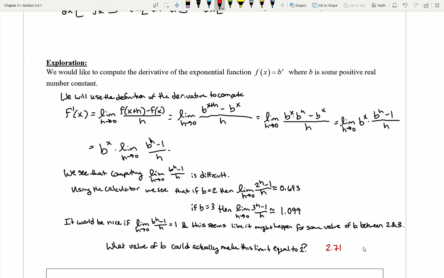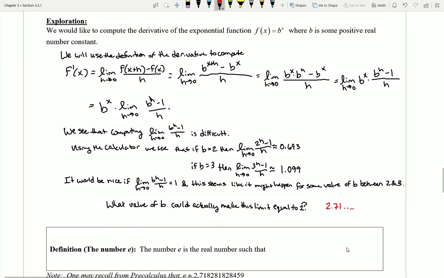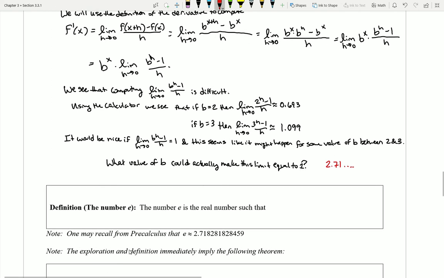The value that you would actually need is one of the most famous irrational numbers of all time. It's such an important number that we give it a name. We call it something so we will never forget it.